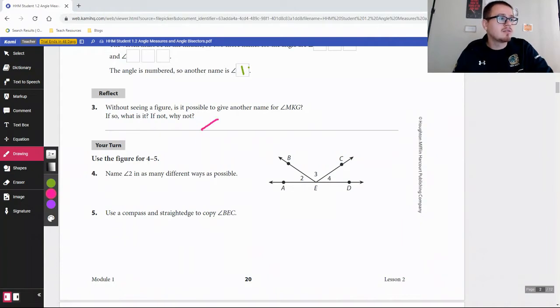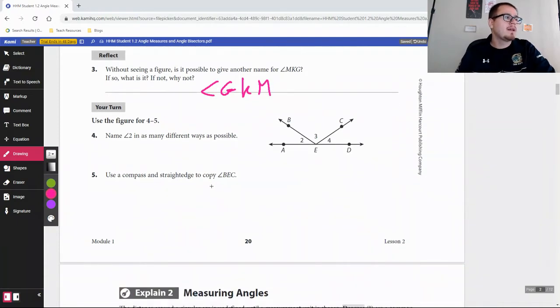So you could also have angle GKM, or MKG, as long as the vertex is in the middle. So we got a little bit of practice. Name angle 2 in as many different ways as possible. So where's angle 2? Let's identify that. Is there a better way than me drawing? Can I highlight?